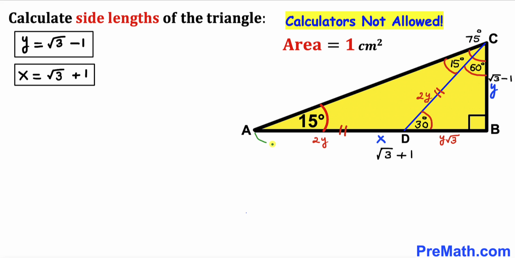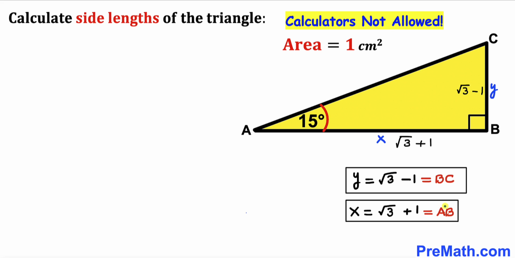So thus our this AB length, which is represented by x, turns out to be square root of 3 plus 1, as you can see over here. And our BC length is square root of 3 minus 1, as you can see over here. And here's our final step.